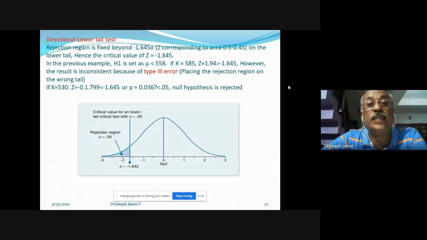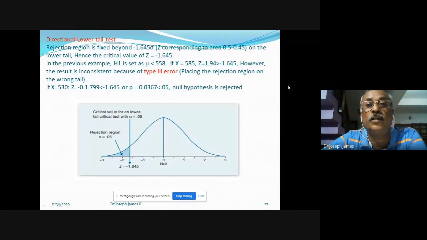In our previous example, we set the null hypothesis as mu is equal to 558 and the alternate hypothesis as mu is less than 558. And if x bar is 585, as in the case of the previous example, z is equal to 1.94. 1.94 is greater than minus 1.645.